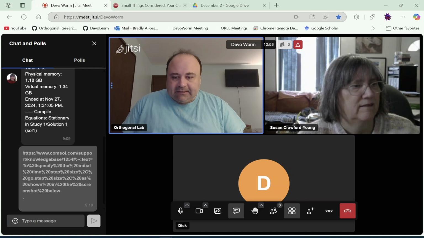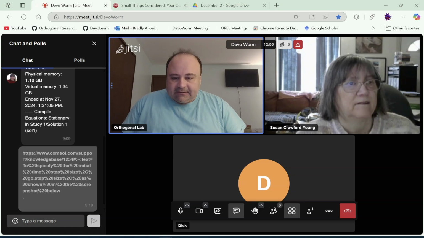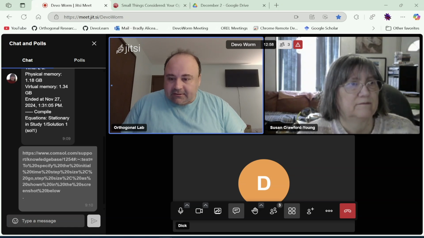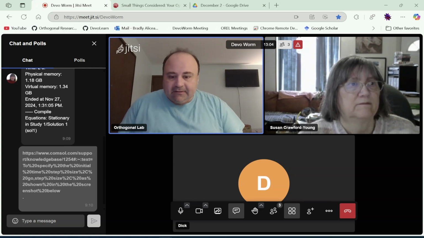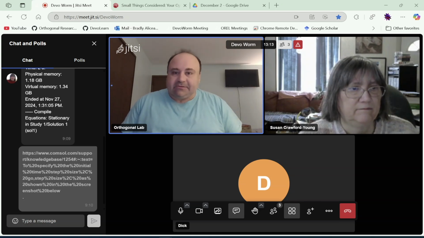It looks like there's a screenshot in there where they talk about the time units. You can set the time units and the range, and it goes from one point to another, but of course it takes a step size every time there's an iteration.